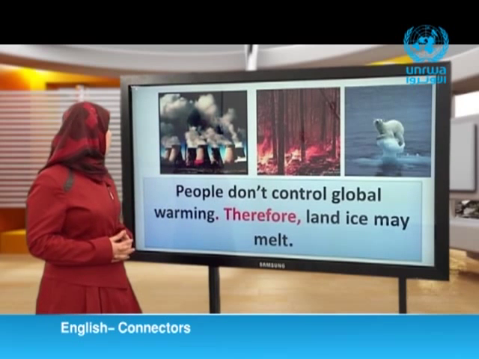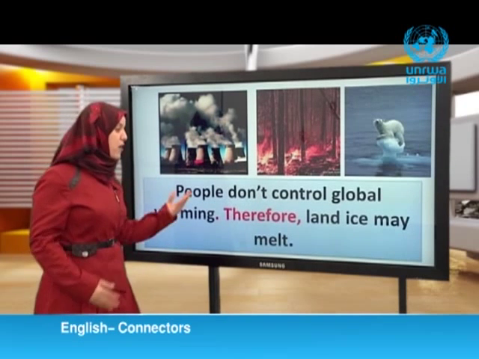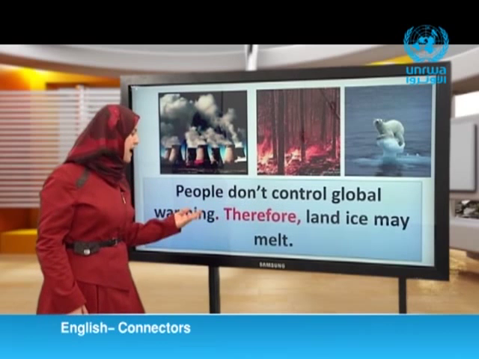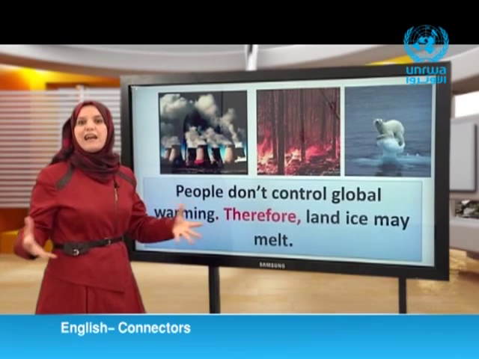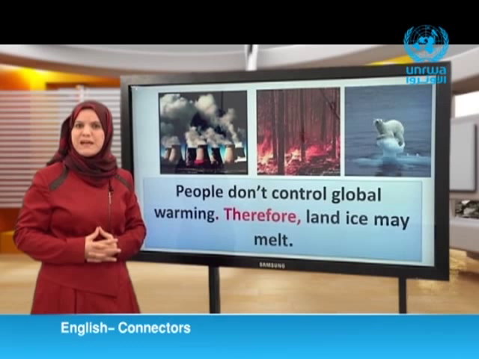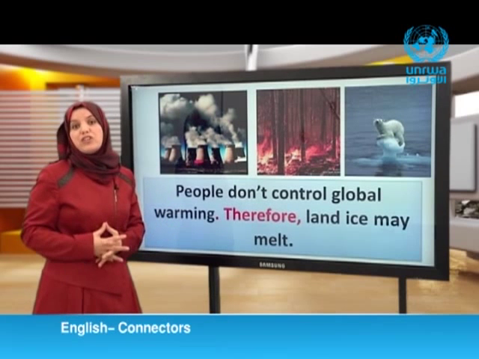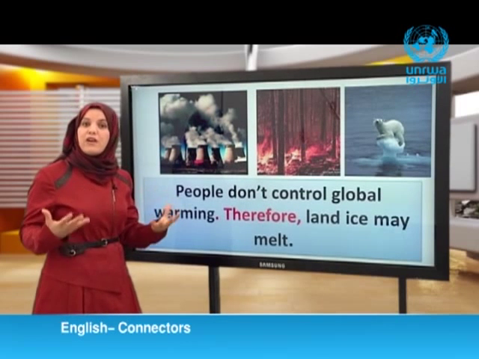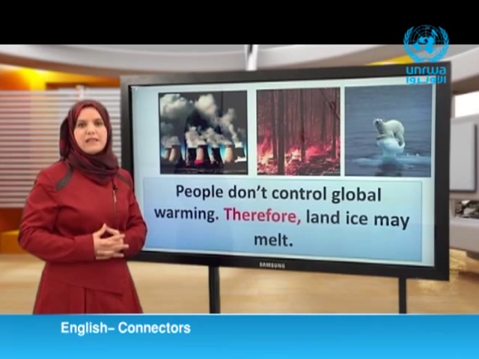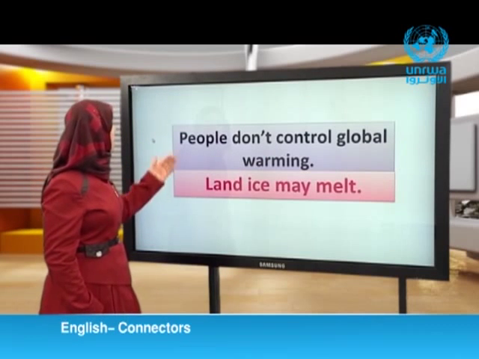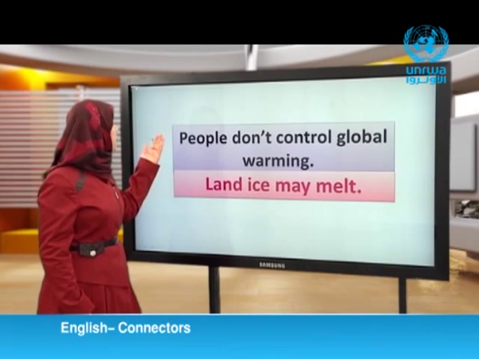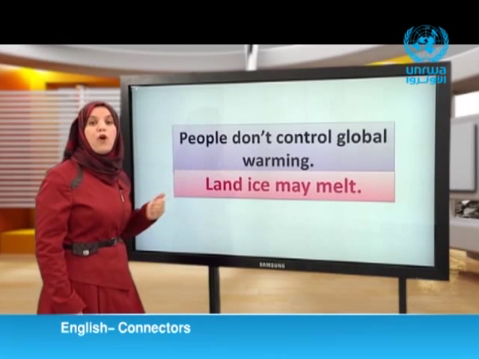People don't control global warming. Therefore, land ice may melt. Let's look at the sentences more closely. We have two sentences. People don't control global warming.